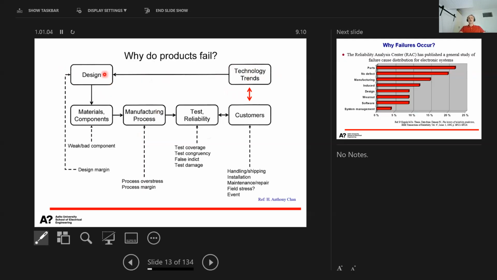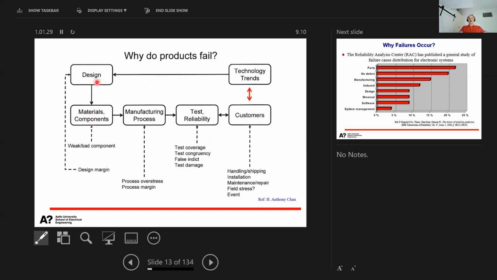So how you design the phone so that it can have the foldable display, and this design then defines what kind of materials and components you need to use. So the display itself, but also how this folding mechanism is made, what kind of materials are used for that, what kind of components are used for controlling the system, and so on.